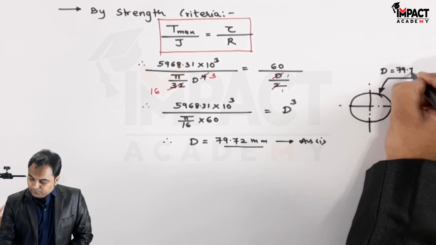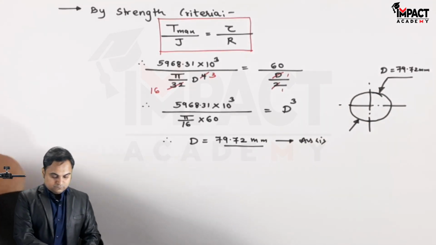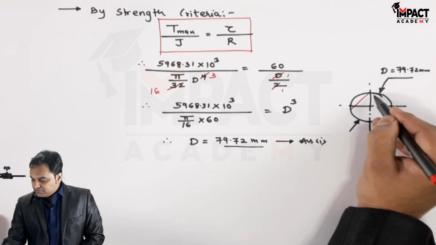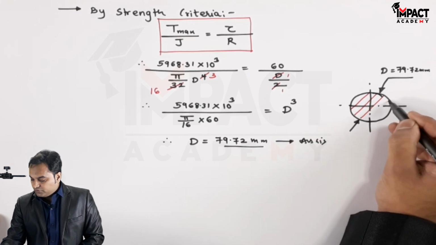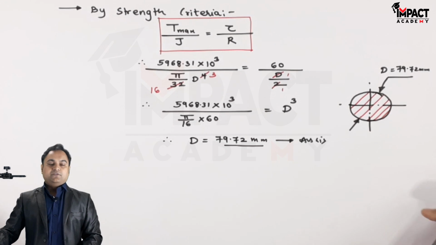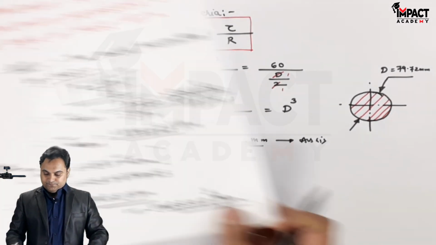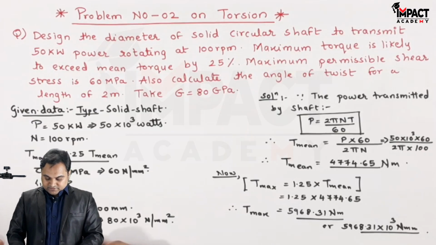It is 79.72 mm, and this is the solid circular cross section. So that is the first answer.